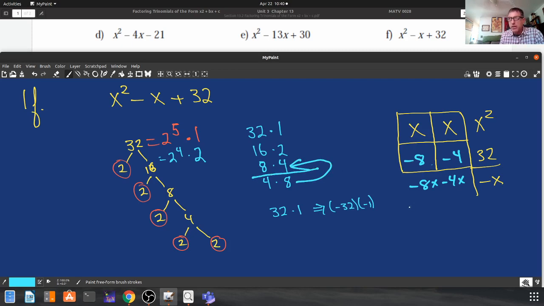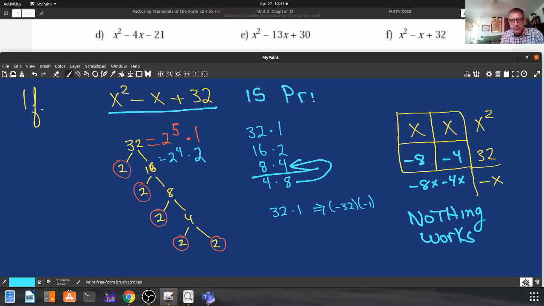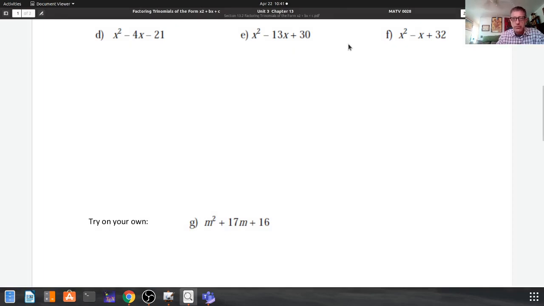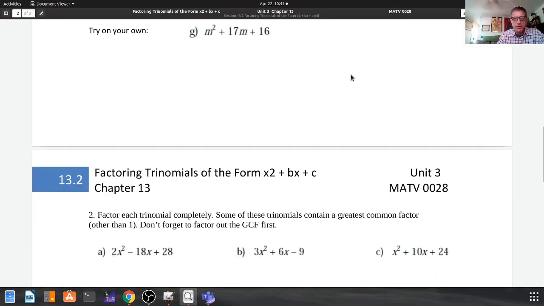So the end result is nothing works. So this degree 2 trinomial is prime. And we were able to discover it by trial and error, noting that nothing works. So try this one on your own.